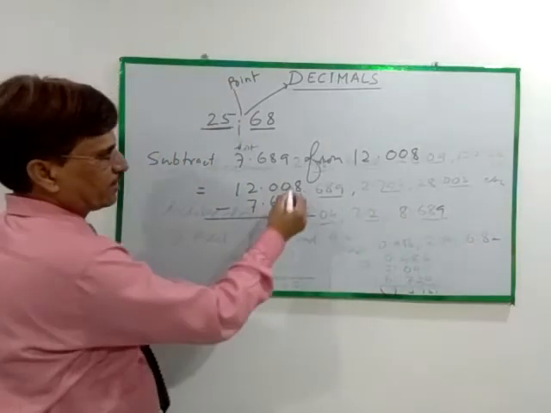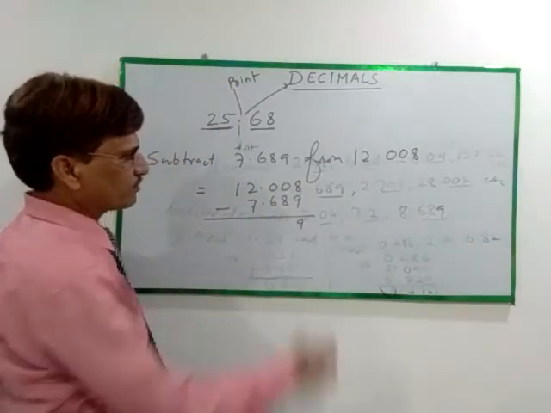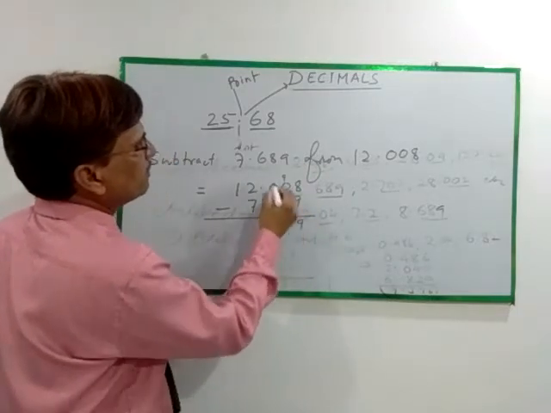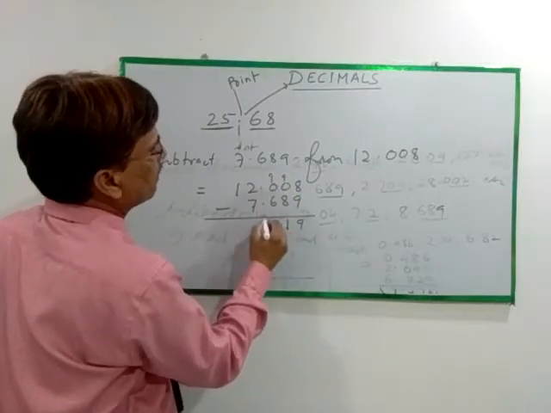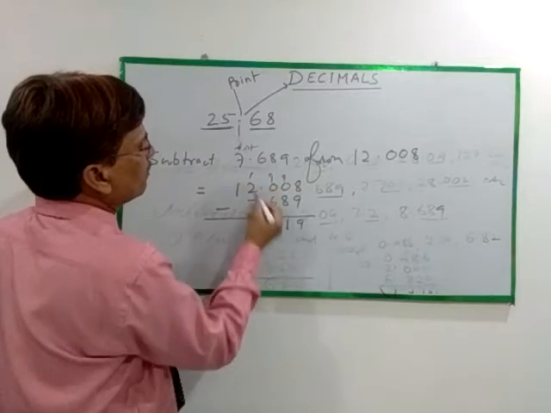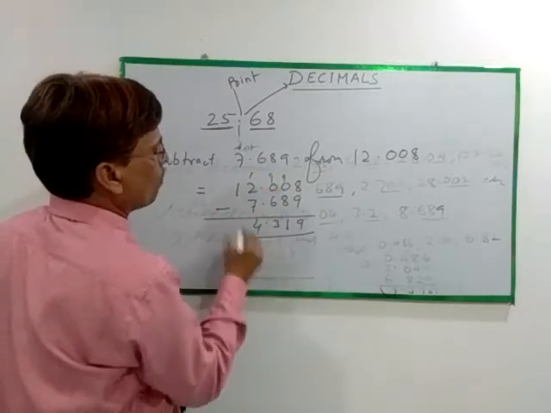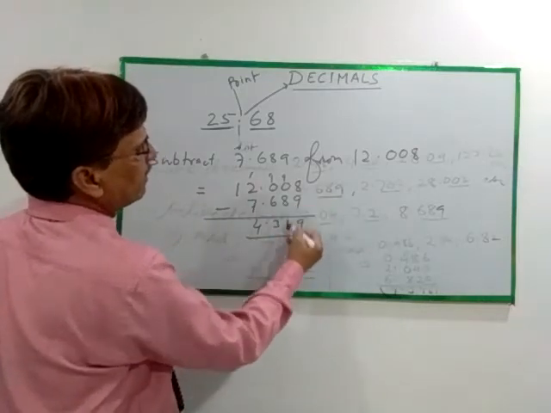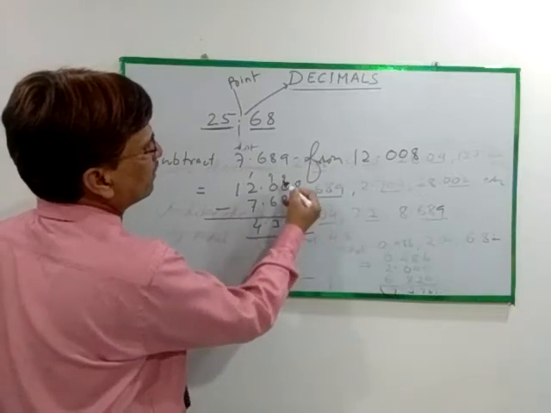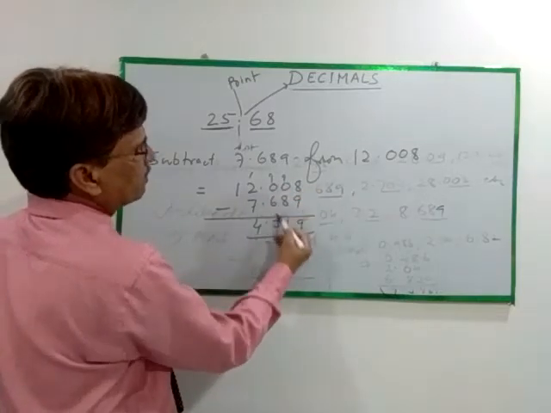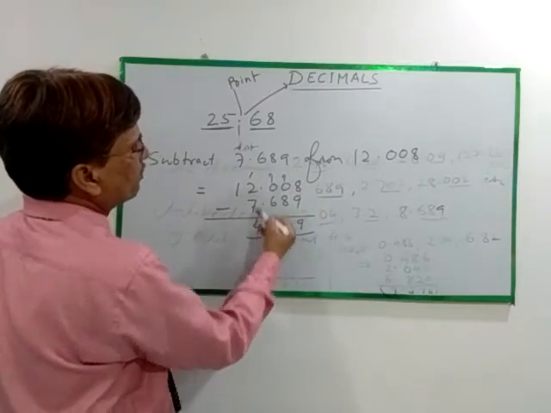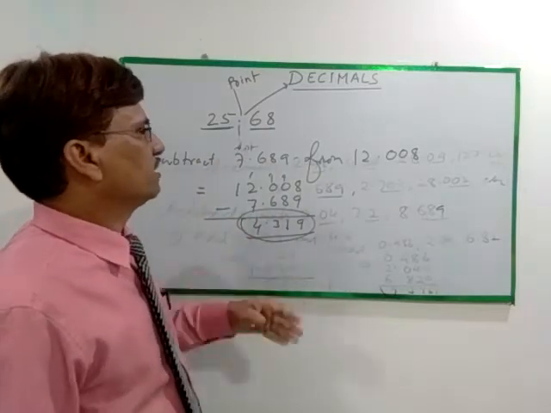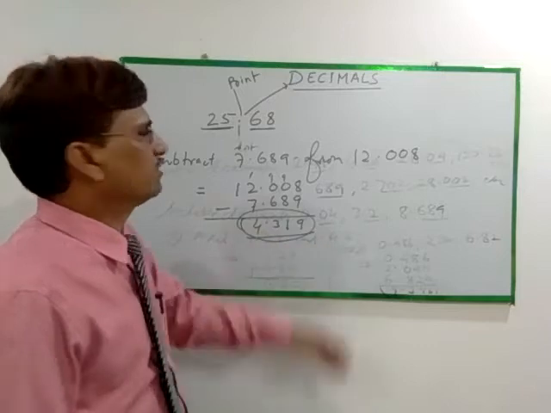Now subtract column by column, borrowing where needed, and you can check the result. So if we subtract 7.689 from 12.008, we get 4.319.